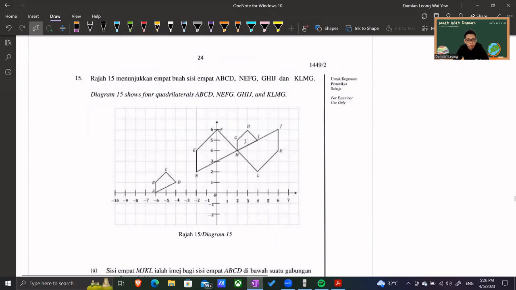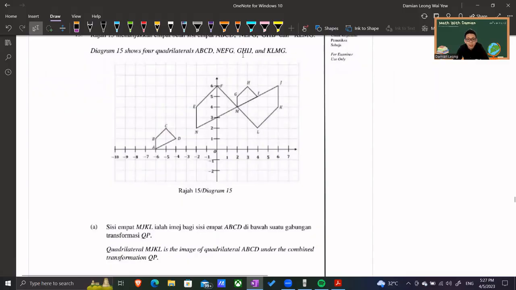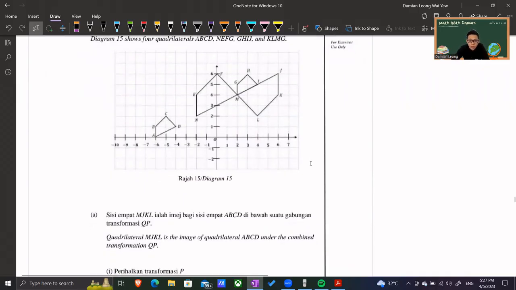Then question 15. I have diagram 15, which shows quadrilaterals ABCD, EFMN, and JKLM. Quadrilateral MJKL is the image of ABCD under combined transformation QP.